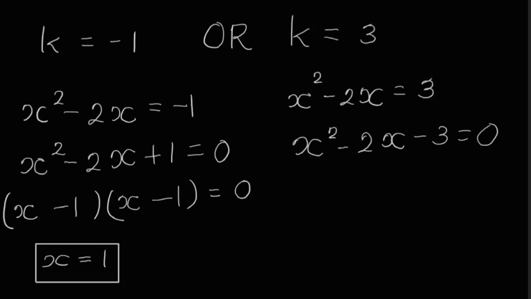In the second equation, we're going to factorize by opening up two brackets. We have x and x. We need factors of 3, which is 1 and 3. And the sign manipulation would be a positive 1 and a negative 3. Positive 1 times negative 3 gives you negative 3. 1 minus 3 gives you negative 2.